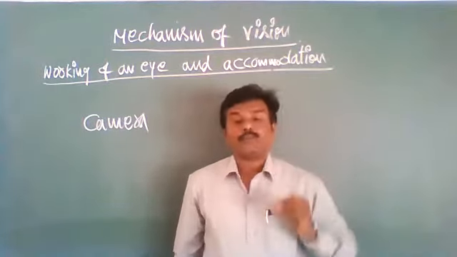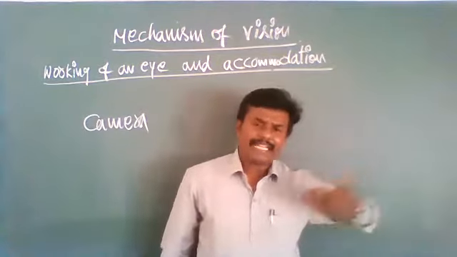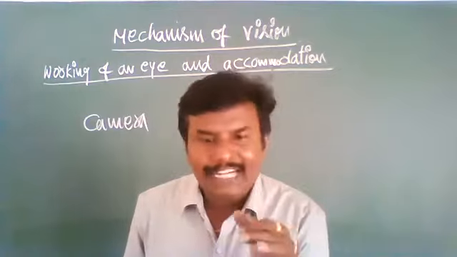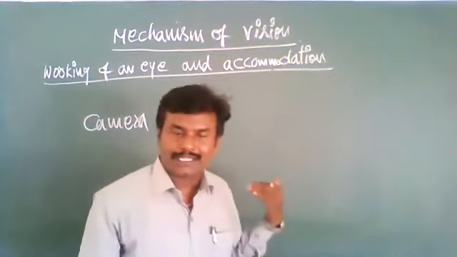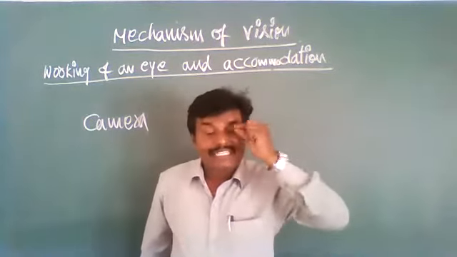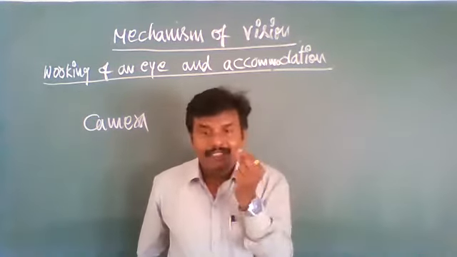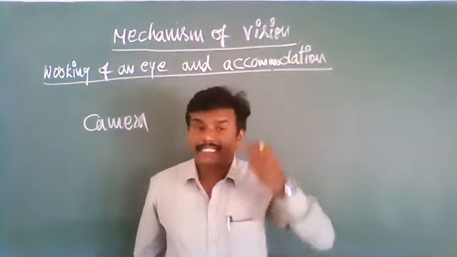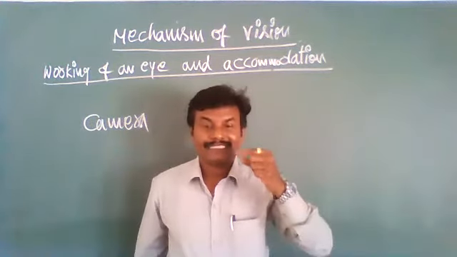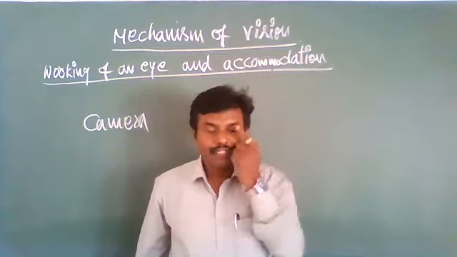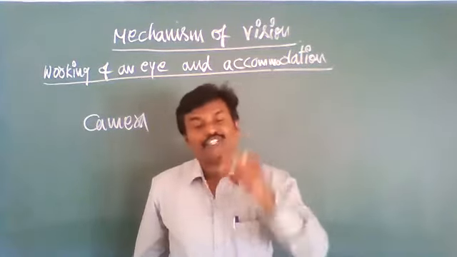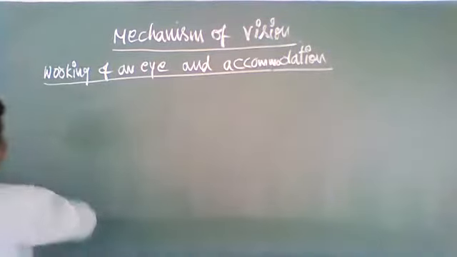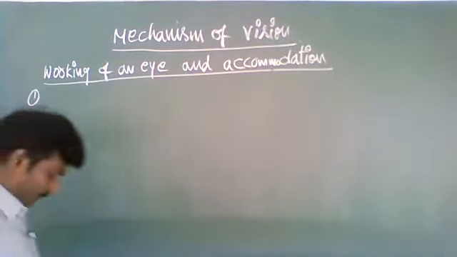In a camera the lens is moved forward and backward, but the lens of the human eye adjusts distance by changing its shape. Okay? That is the first statement.